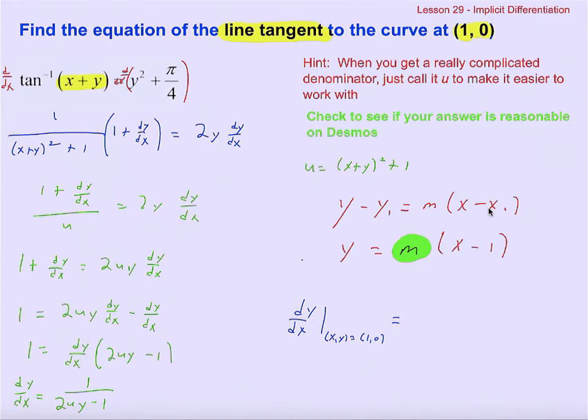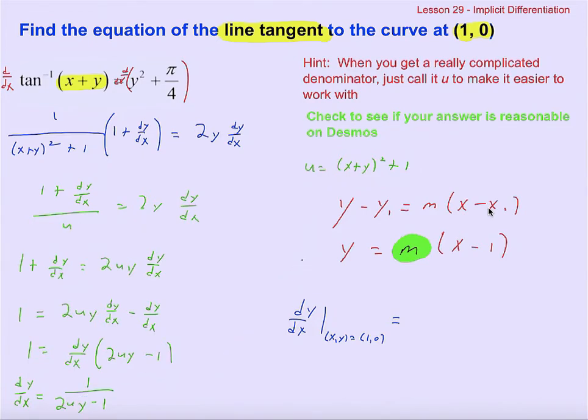And what happens is when we plug in the point (1, 0), because of this y right here, it doesn't even matter what u is. I'm going to multiply it by 0 because that's the y coordinate. So while if I were finding dy dx at any other point, I would need to plug this whole thing back in there, in this case I don't need to worry about that.